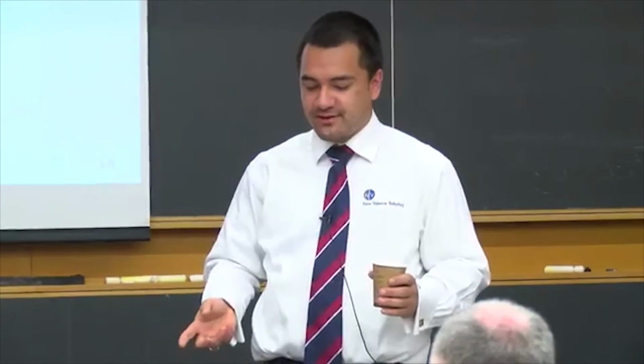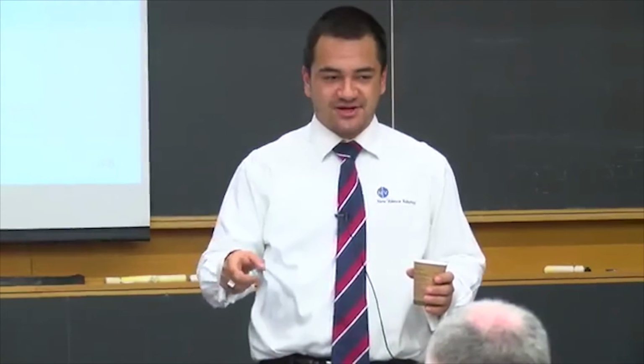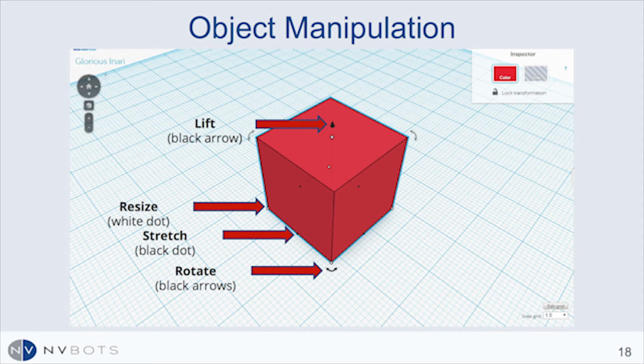To move them around, it's as simple as clicking on the object and dragging it to another location in the work plane. Something that's helpful to note is that in the bottom right corner of the screen, you'll see something that says Snap Grid with a number next to it. By default it's at 1.0, so every time you move the object, it'll snap to the next 1 millimeter.